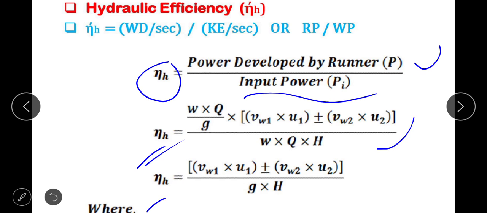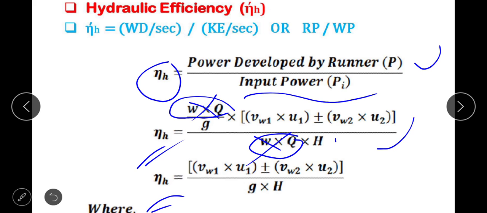Therefore, ultimately, hydraulic efficiency we get is Vw1 multiplied by U1 plus or minus Vw2 multiplied by U2, divided by gH. If you simplify, this wQ and this wQ vanish. Is it right?